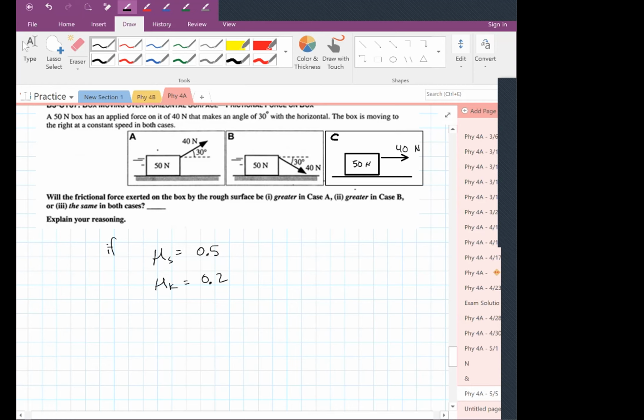Number 1, does the block begin moving? Assuming it started at rest, right? Number 2, find the friction force on the block after 1 second.